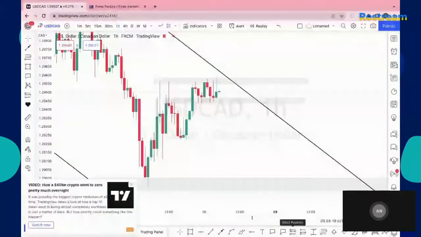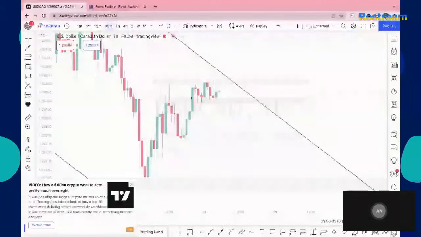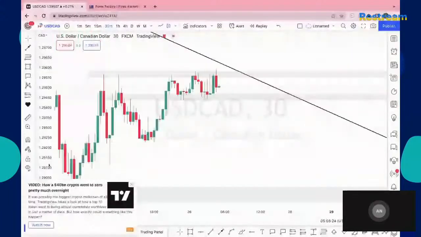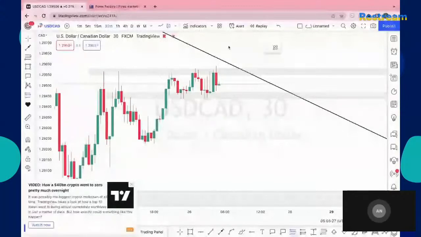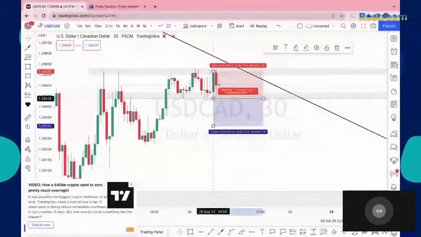I think the best sell here would be right here. So stop here at 1.29438.